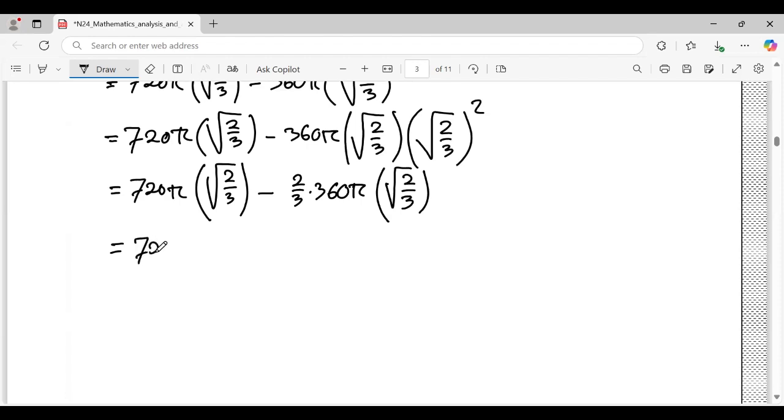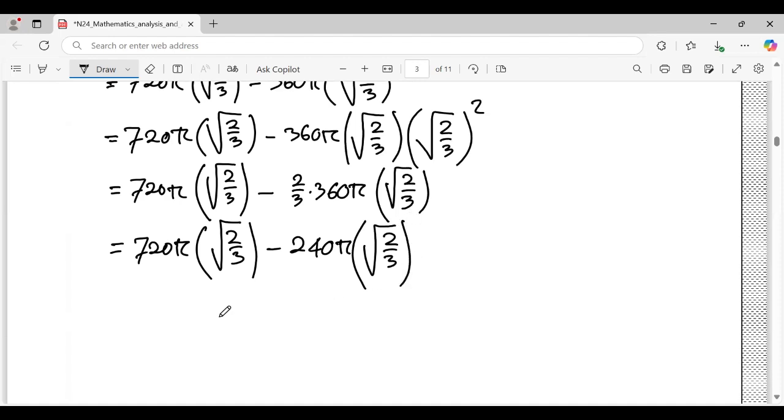Comes 720 pi square root 2/3 minus 360 times 2, 720 divided by 3, 240 pi square root 2/3.